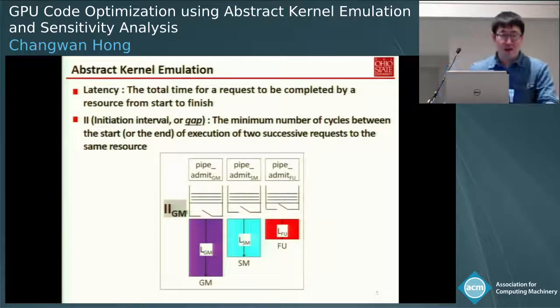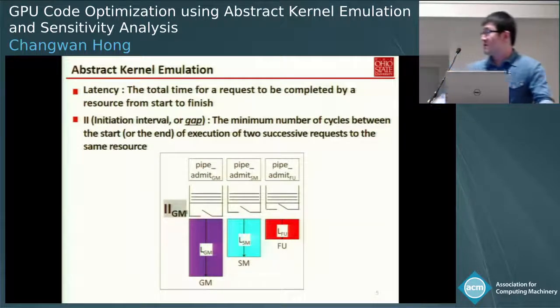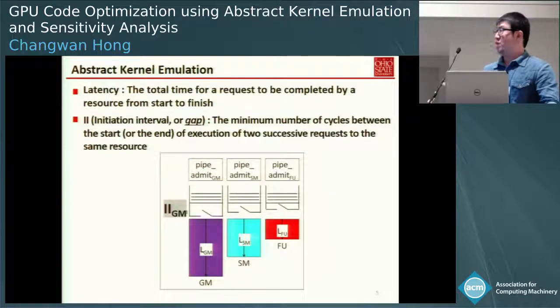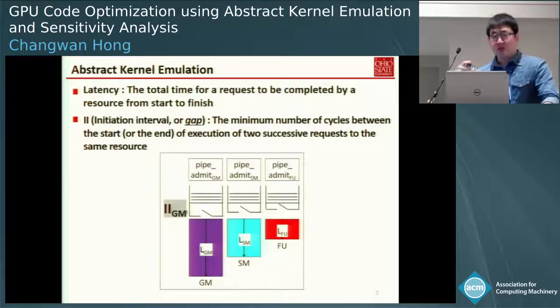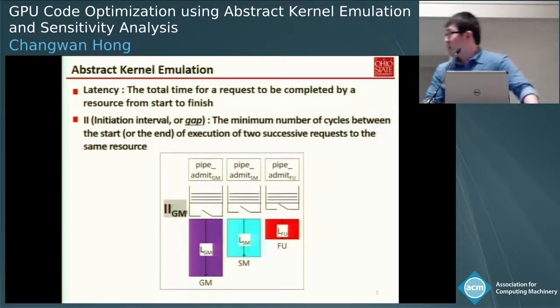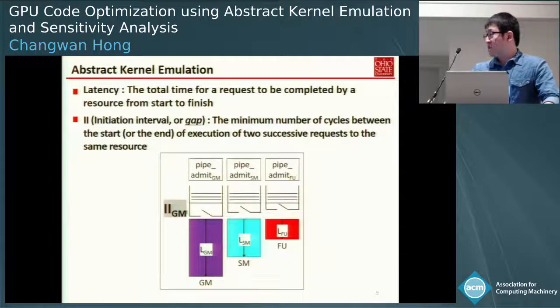Let me explain two parameters of abstract kernel emulation. The first one is latency, which is the total time for a request to be completed by a resource from start to finish. The second one is II, initiation interval, which is essentially the inverse of throughput and can be defined as the minimum number of cycles between the start of execution of two successive requests to the same resource.